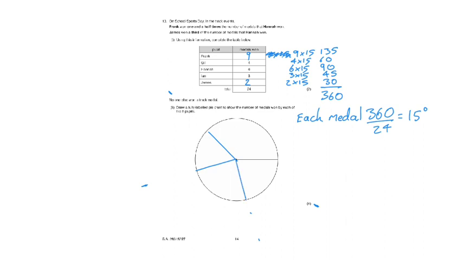Should be a right angle, which looks like it's, that's all encouraging.